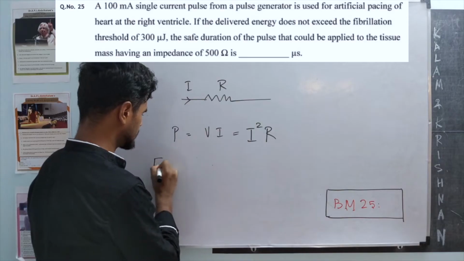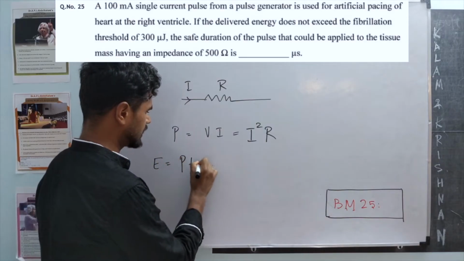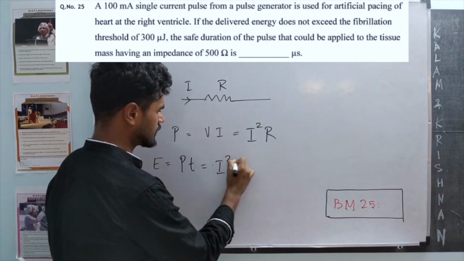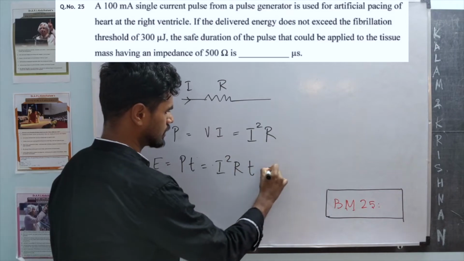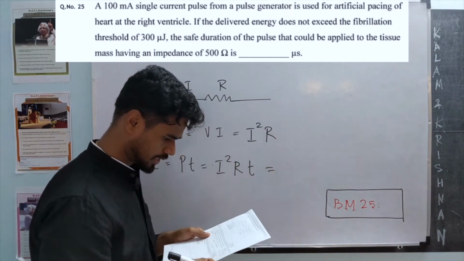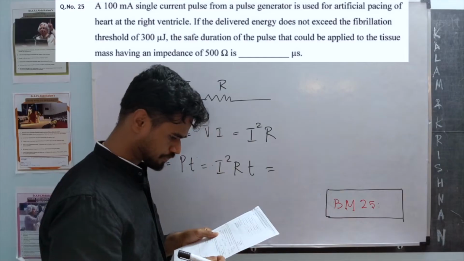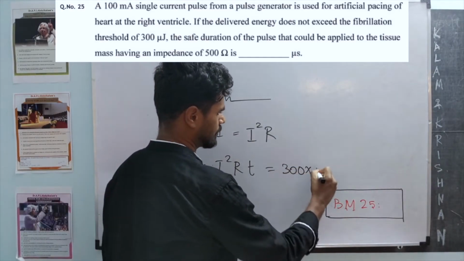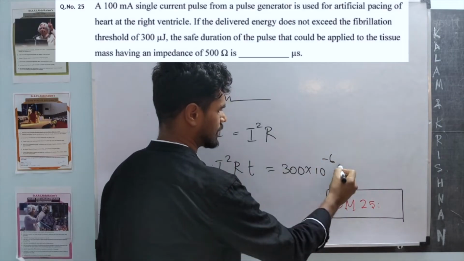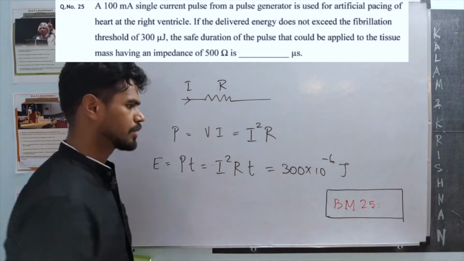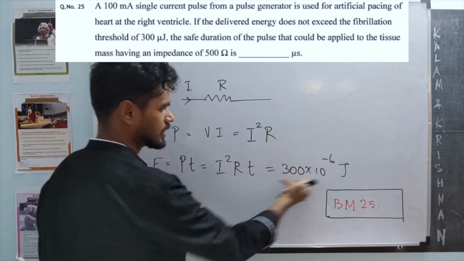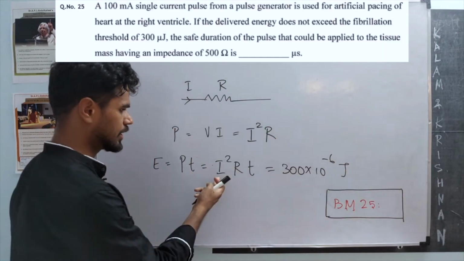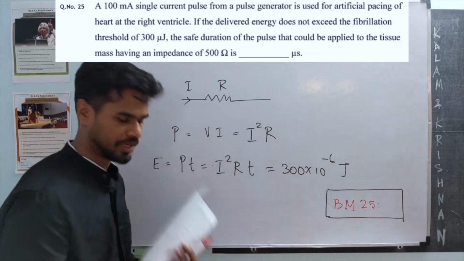Energy is P times T, so this is I squared R T. This should not exceed 300 into 10 power minus 6 joules. At best the time is limited by this. So plug in I squared and R, find the value of T.